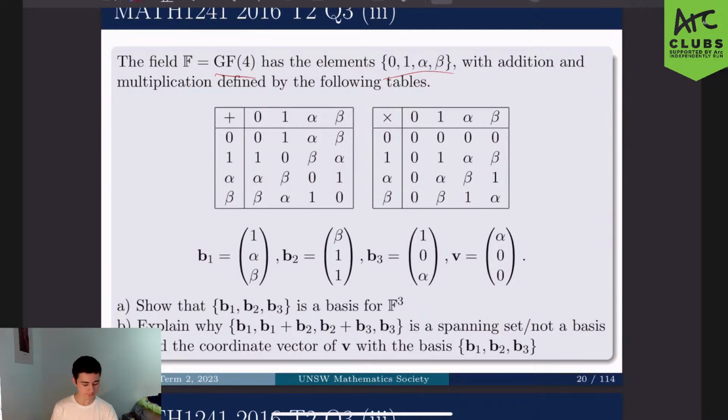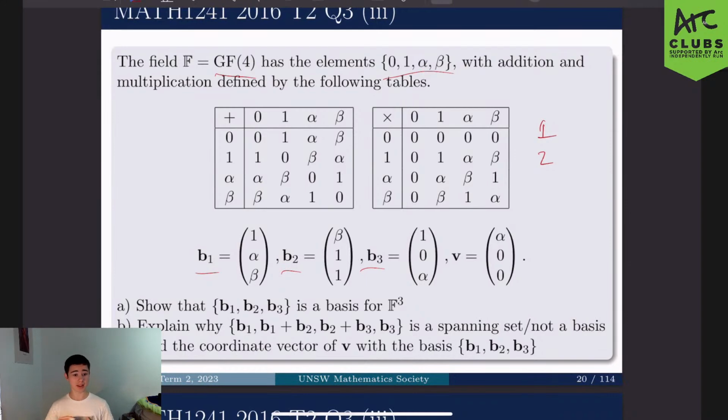So, first part of the question, prove that the 3 vectors b1, b2, and b3 are a basis for F3. To determine if something is a basis, we need to see that it is a spanning set, and that the number of vectors is equal to the dimension, which shows that they are linearly independent.